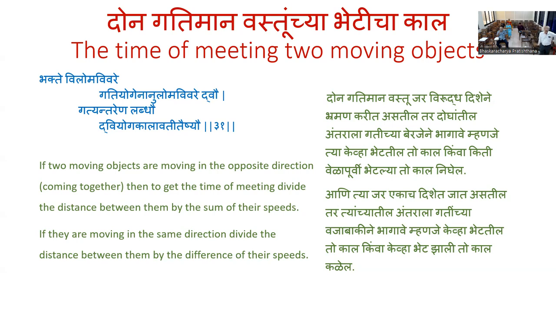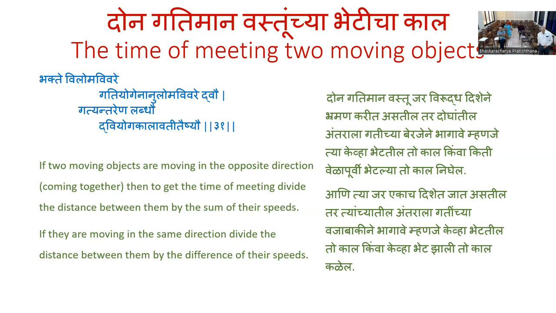Labdho means we have got. Dviyoga means where will they meet? There are two persons. Dviyoga kalau. So when will the two persons meet? That kala we have obtained in this way.